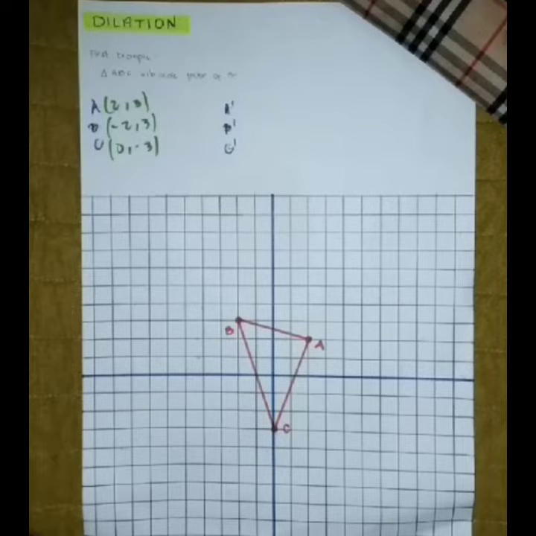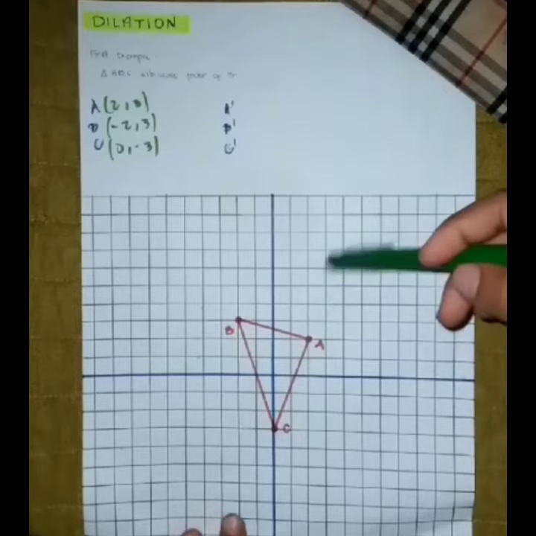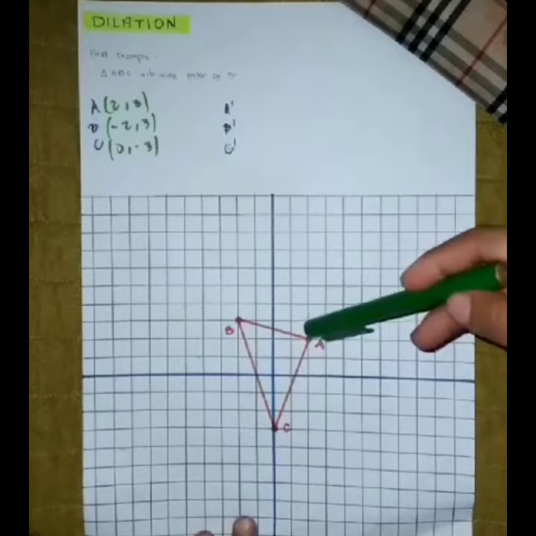Always remember, when we dilate, if we have a scale factor greater than 1, our image is going to be enlarged. It is going to get bigger. And if our scale factor is less than 1, it is going to decrease in size. It's going to get smaller.